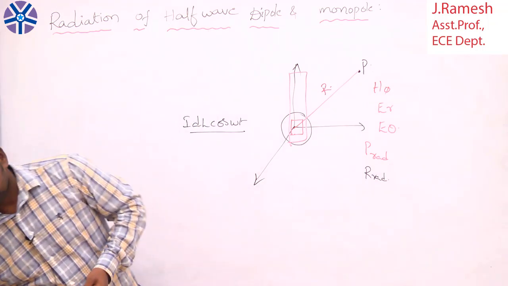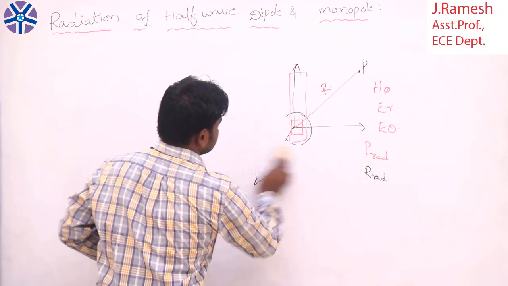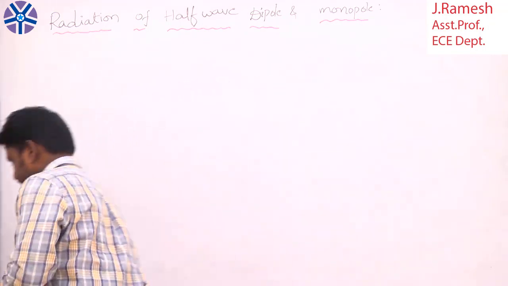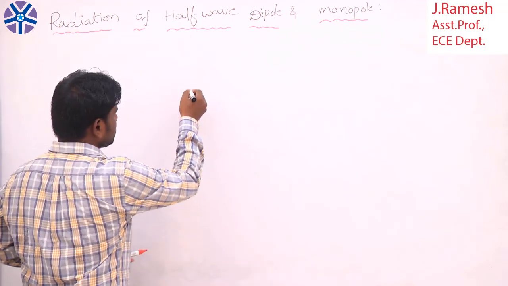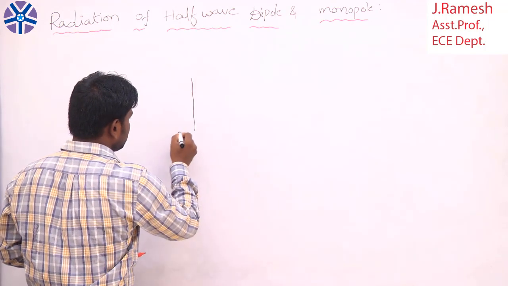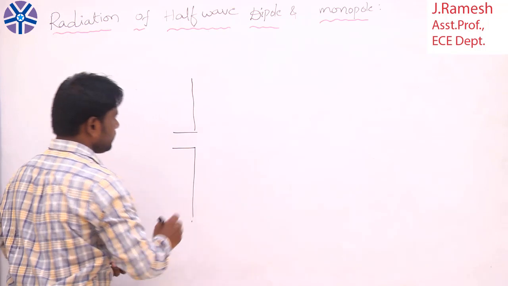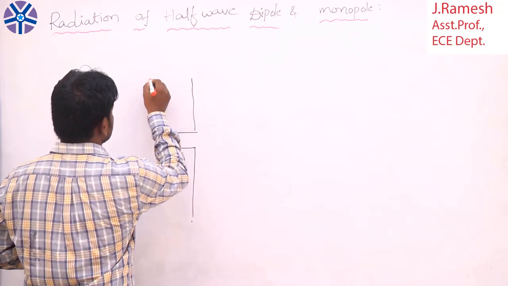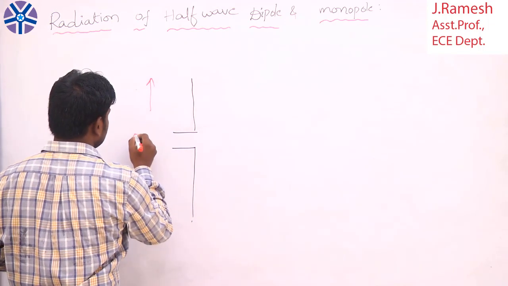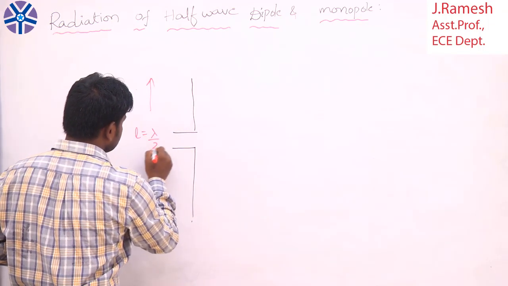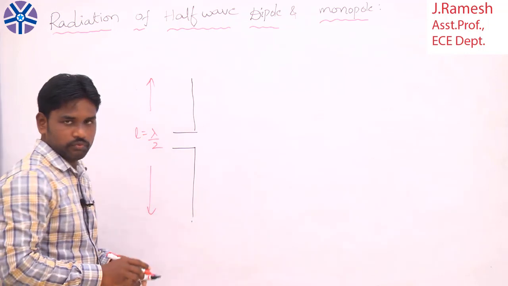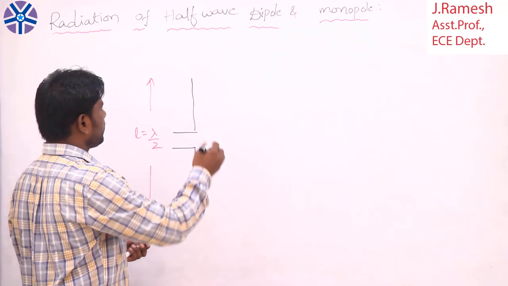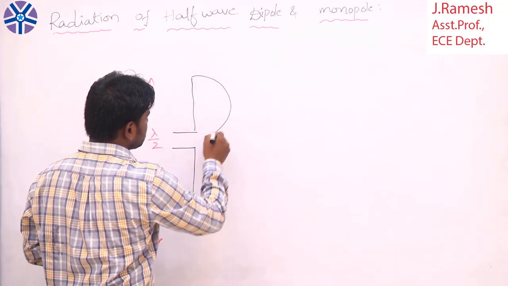Just observe here: this is a complete half-wave dipole. The length of this I can simply write as lambda by 2. The current distribution over our half-wave dipole is always like this.